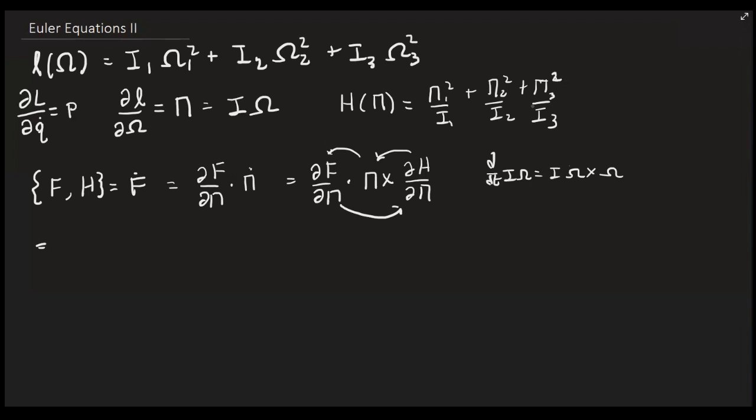And same thing. And then I'm also going to flip the order so that the order here is the same. But it's going to be minus π dot dF/dπ cross dH/dπ. So the negative sign is because after cycling everything, I swapped the order, just so it matched over here.